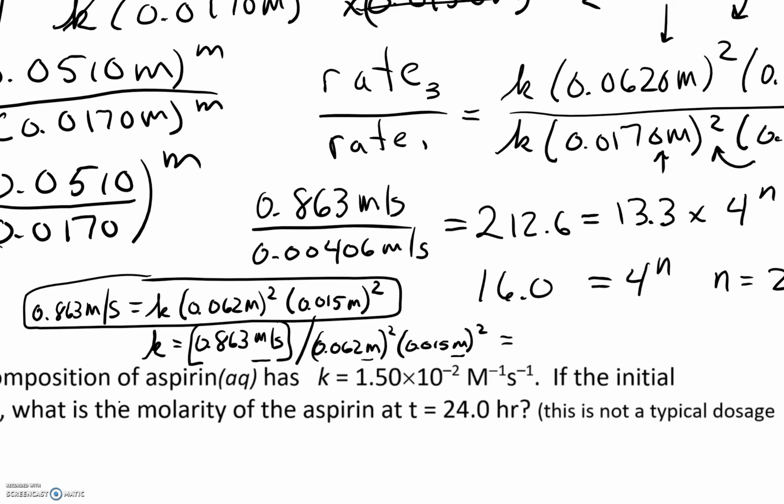If we look at what happens to those units, we see that the per second stays the same in the denominator for the rate, but 1 molarity is going to cancel out with one of the molarities, numerator and denominator. This gives us a value of 62,400. And the units would be molarity to the -3, seconds to the -1.